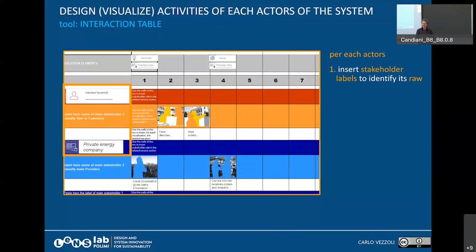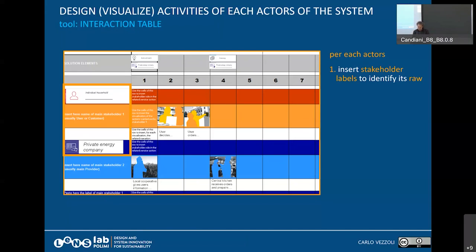We developed within the Lens. It's called interaction table, and it's an Excel based file, so that actually you can expand this. A lot depends on the level of detail that you will go through.